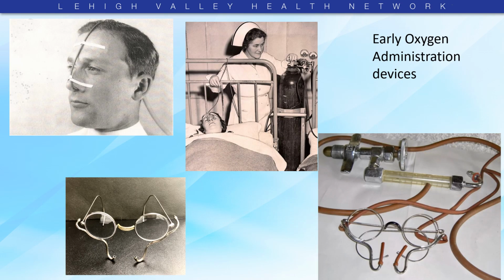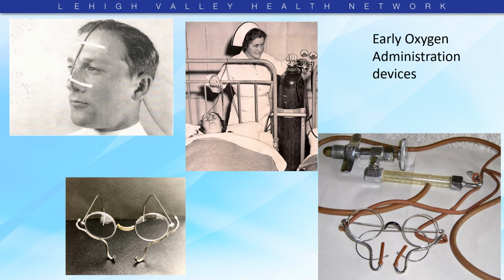And these are some other ones you could see. This is an oxygen catheter. These were very common when I started in the profession in the mid-70s. There was no piped-in oxygen, so all oxygen was delivered with a tank. There was no cryogenic type of storage system.